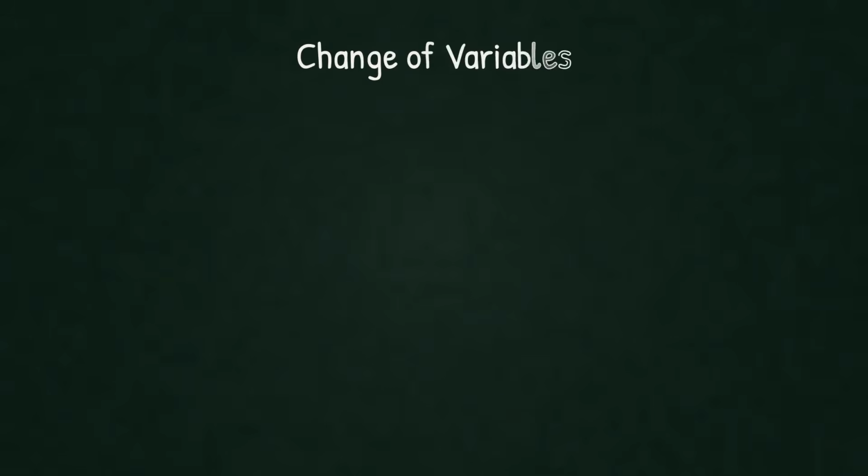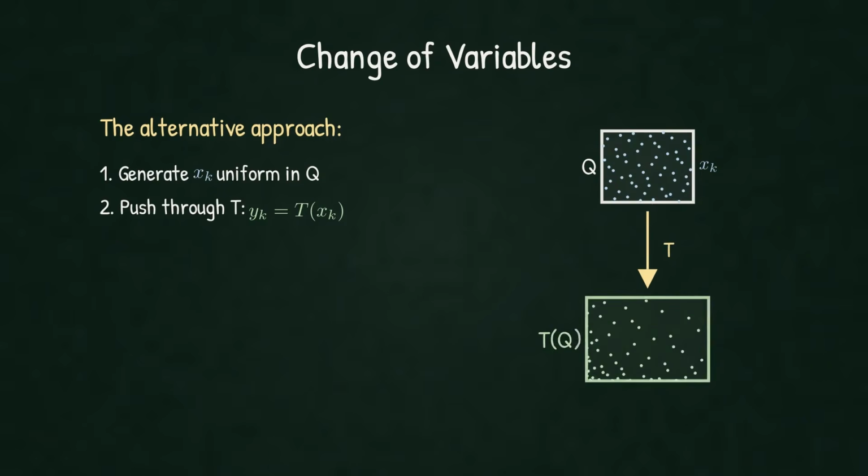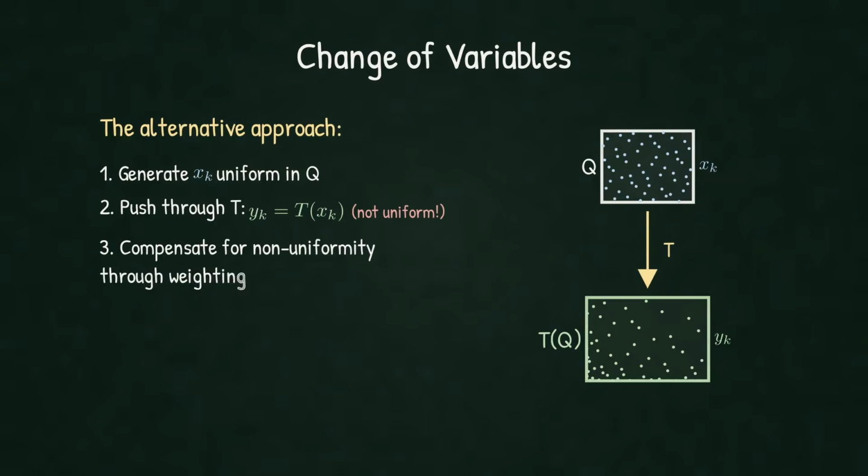Here's the alternative. Start with a box Q and a transformation T. First, generate a uniformly distributed sequence in Q using irrational rotation. Second, push the points through T to get points in T of Q. These are not uniform in general. They bunch up where T compresses. Third, compensate with density weighting.